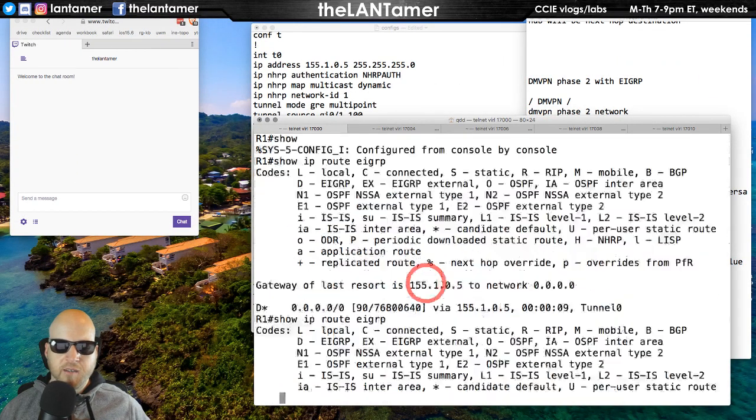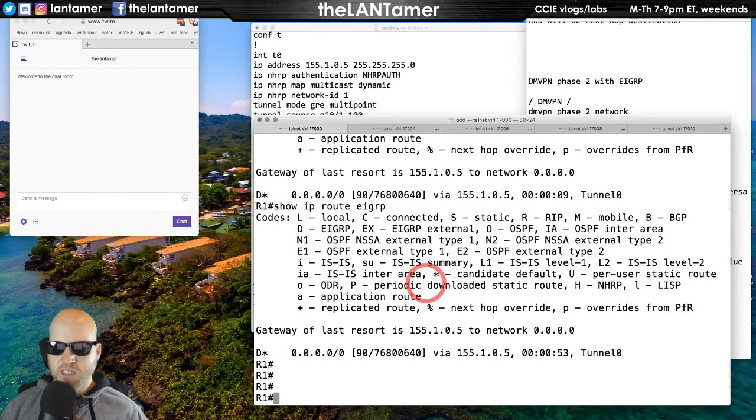Okay, we still got, right? That's all we got. And we're going to see a new type of route here. Yeah, we're going to finally see an NHRP route show up.